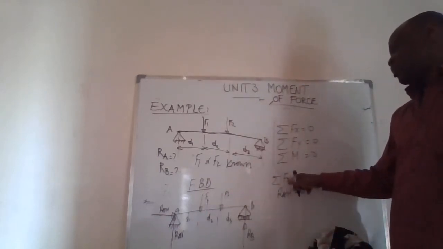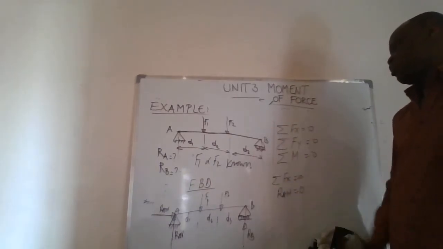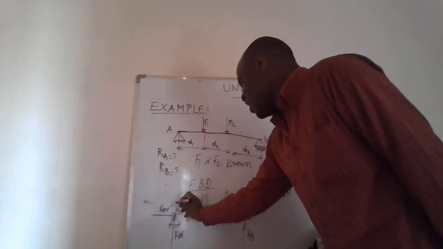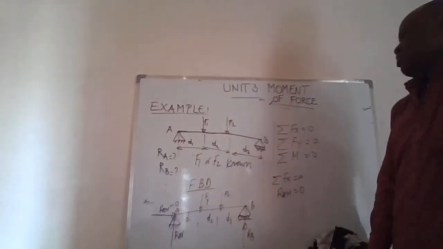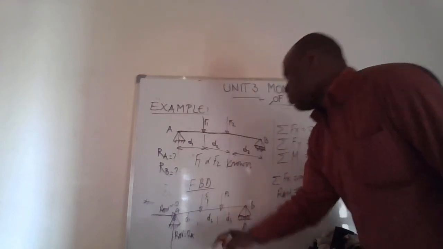And according to the equation of equilibrium, sum of forces projected horizontally should be equal to 0. Therefore, RAH will also be equal to 0. And as a consequence, RAV will be equal to RA, which is the resultant.